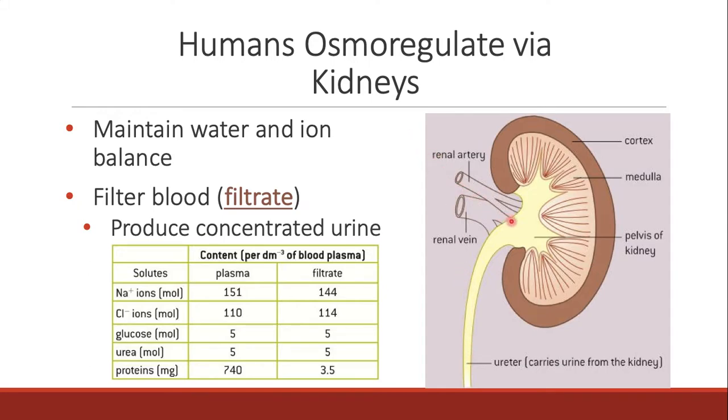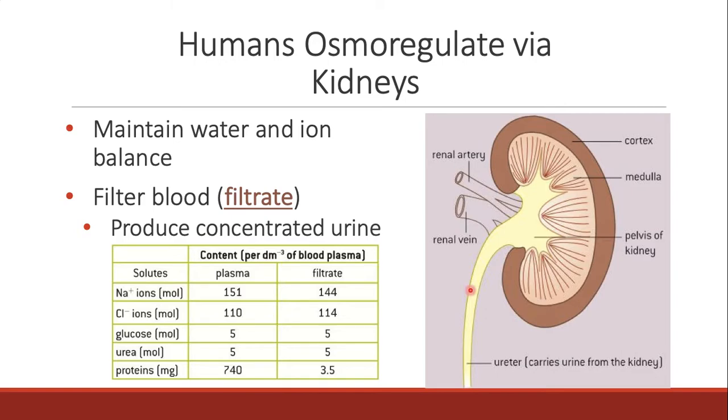Okay, so we talked about what's going in is this plasma column. What is in the kidney is this filtrate column, and you could have a third column which says what comes out of the kidney. What comes out of the kidney, which is going to be maybe cleaned plasma or filtered plasma, is going to have a lot of the salt come back. We're going to keep a lot of that salt in our bodies.